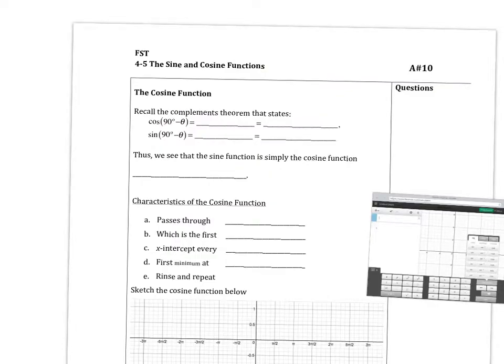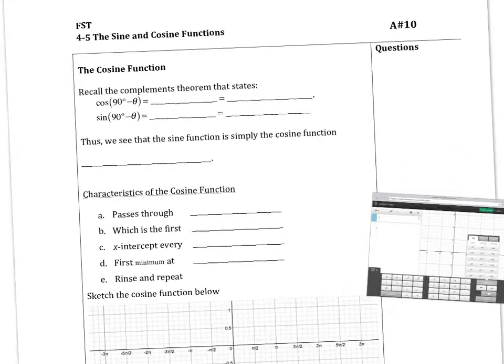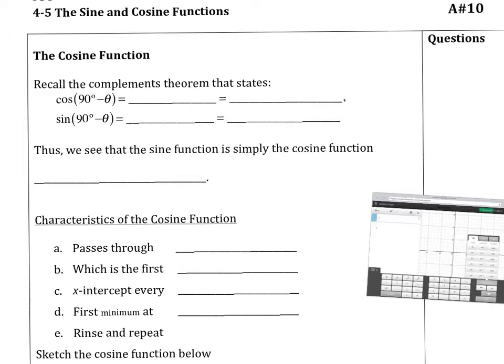Now, the next and last thing we're going to look at is how cosine is related. Remember that the complements theorem states that whenever you take the complement of theta, cosine of the complement is the same as sine of theta, and sine of the complement is the same as cosine. What does that mean mathematically?